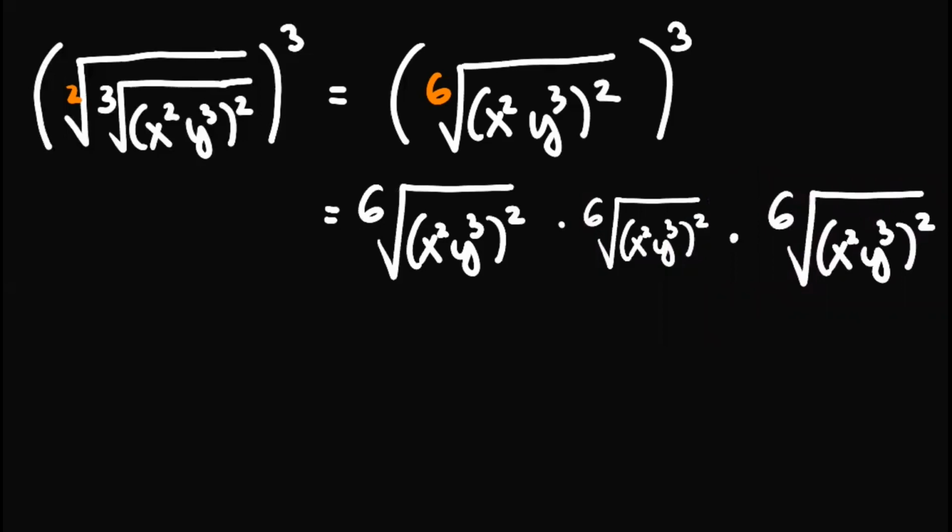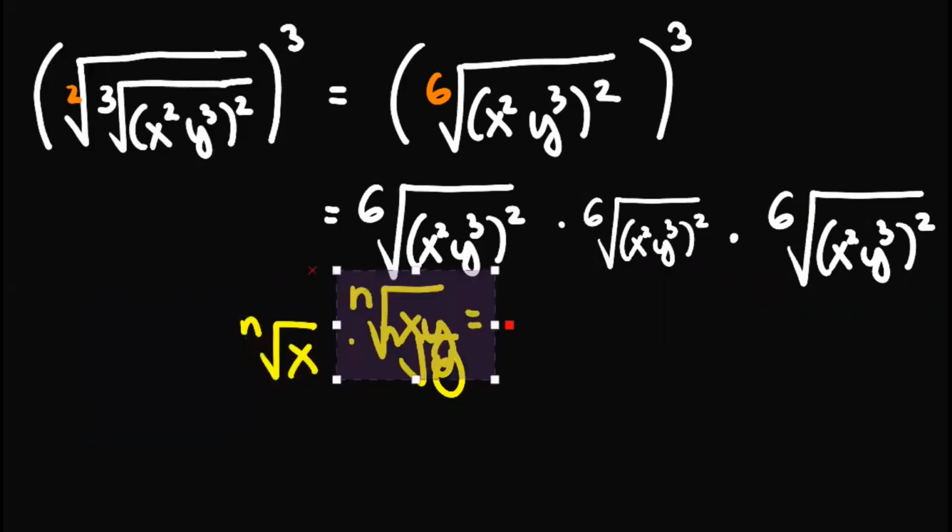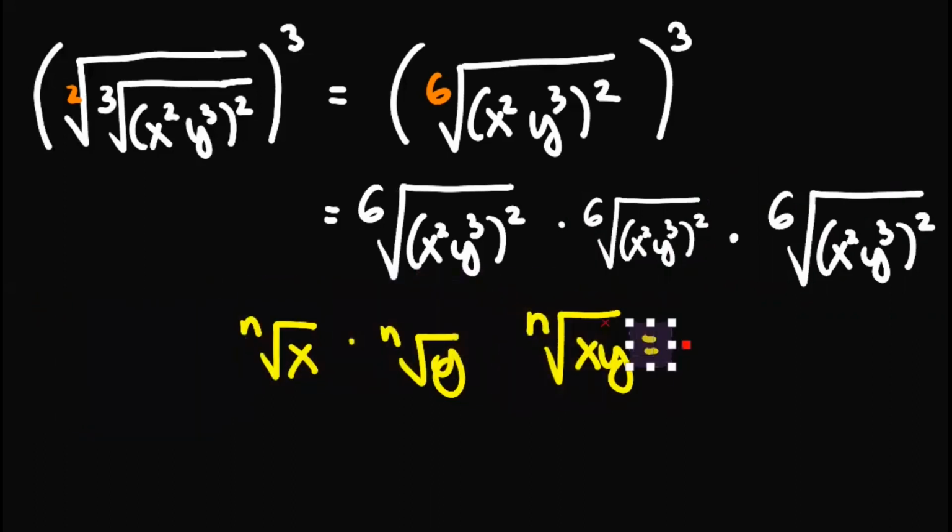And by the second law, we know that since the nth root of xy is equal to the nth root of x times the nth root of y, we can do the opposite. So this one out here, from this one, we'll go to this one.